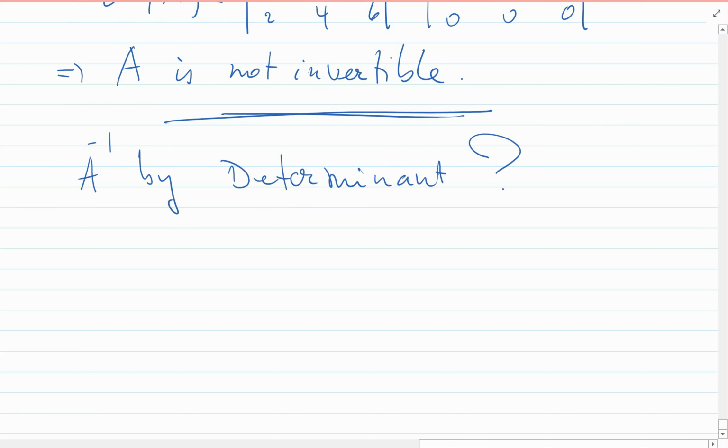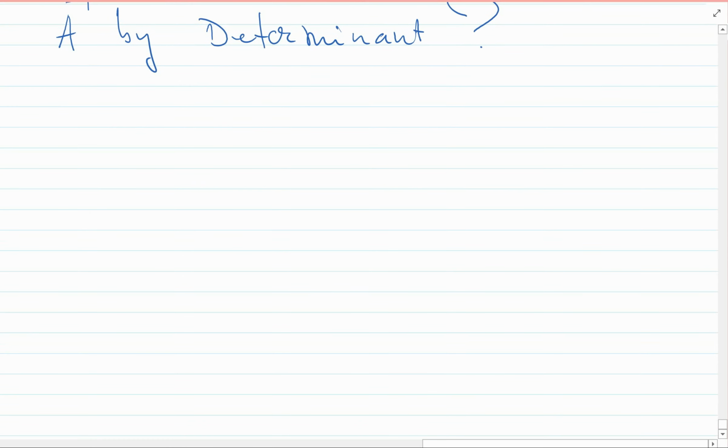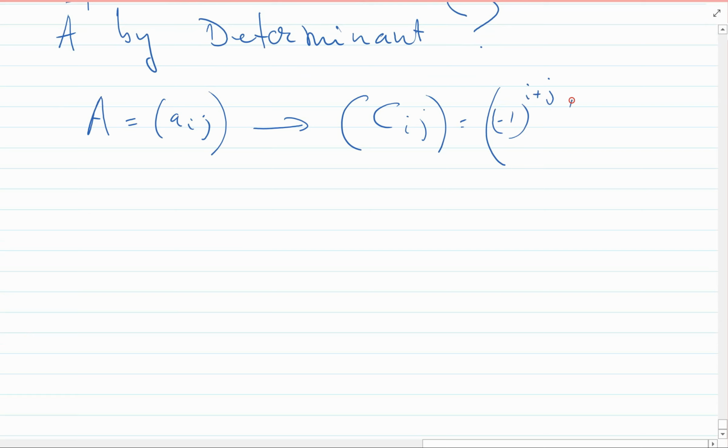Okay, so what do we have? We have A, which is given by Aij, and what we do, we come up with a matrix Cij, which is minus 1 to the power i plus j times Mij. Remember, Mij is the determinant of the matrix from A where we removed row i and column j.